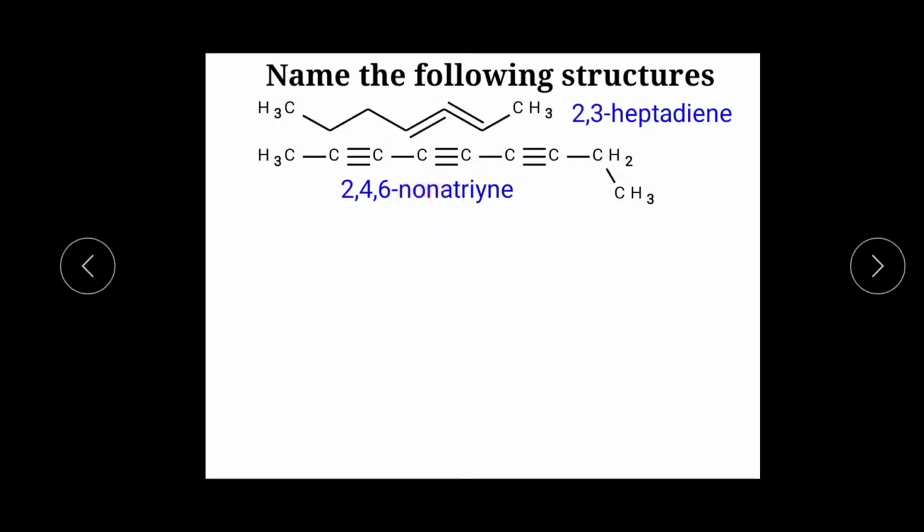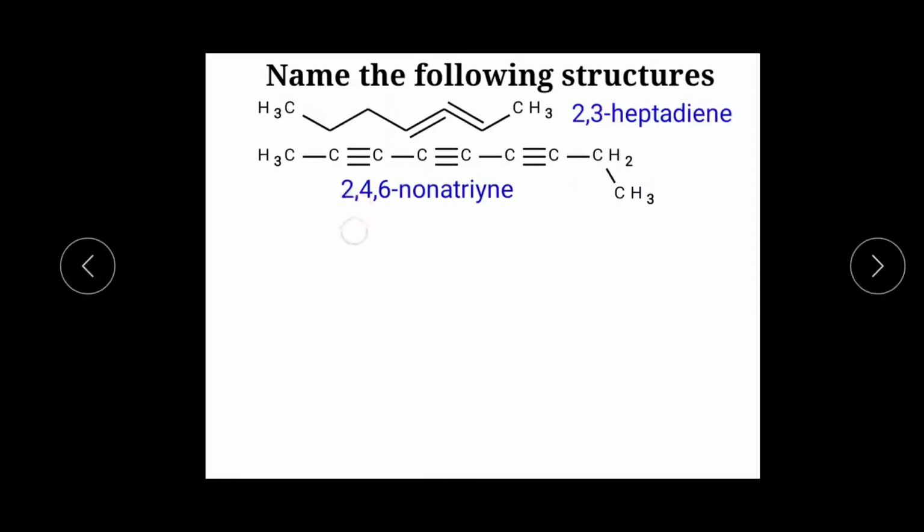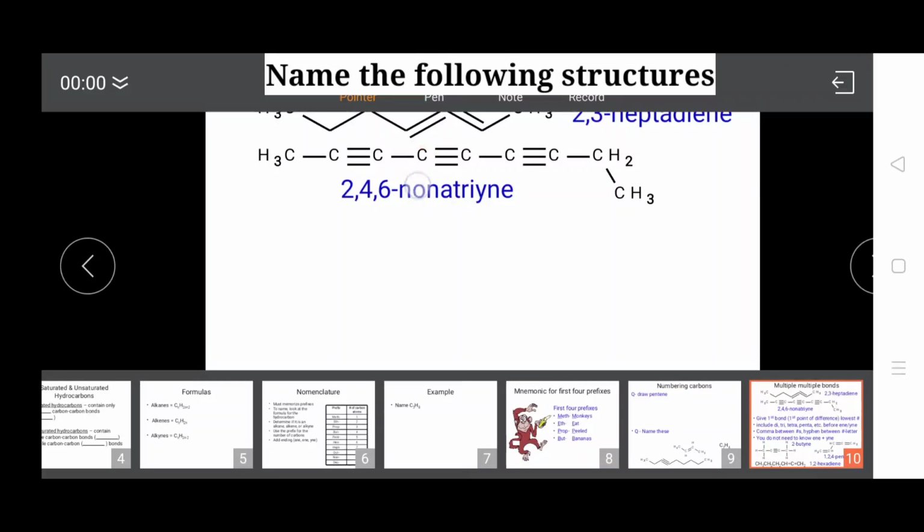Tri, simply because there are 3 triple bonds, and yne to indicate that this is an alkyne. 2, 4, 6 indicates that the triple bond begins on the second carbon, fourth carbon, and sixth carbon.